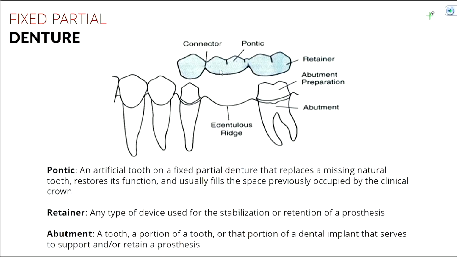And that connecting area we'll call the connector. The tooth that is used to support this bridge is what we call the abutment tooth. Okay. So pretty straightforward, just some definitions you gotta know. Pontic, abutments, retainer crown, connector, and you can throw a dentulous ridge there.